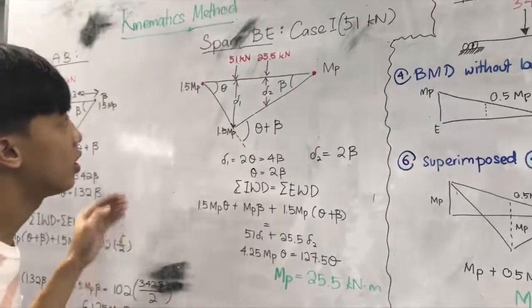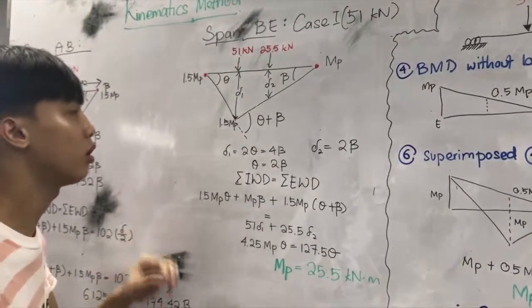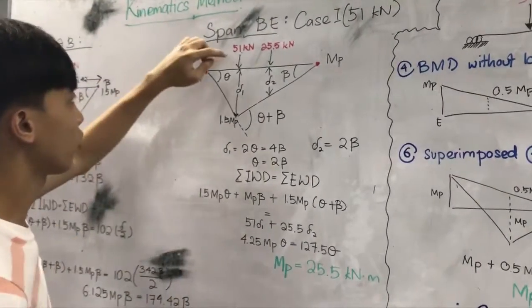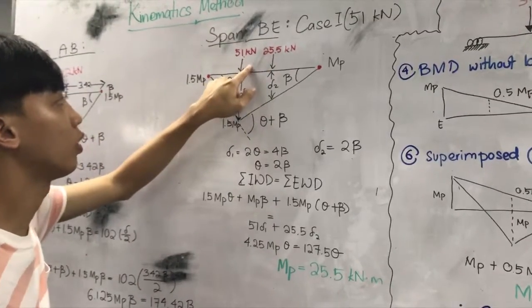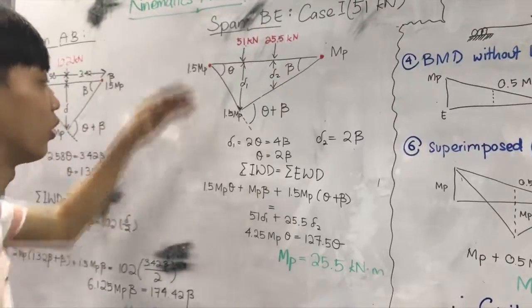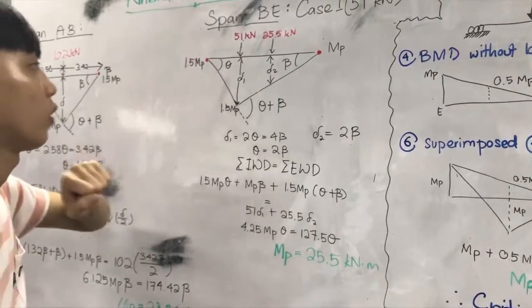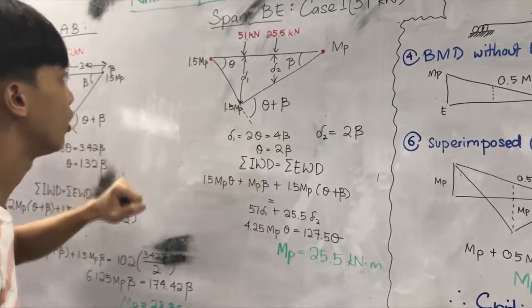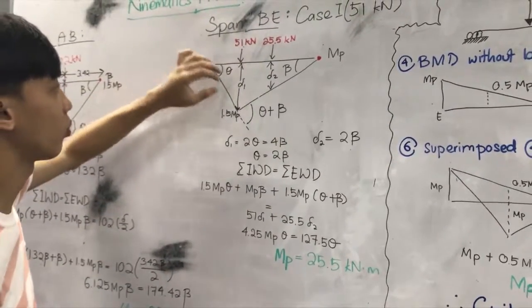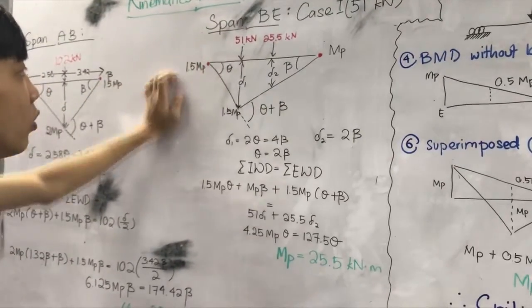So for span BE, again we have to divide it into two cases, because at span BE there is two forces acting on it, which is 51 kilonewton and 25.5 kilonewton. So this is case 1. You have to again construct the plastic moment diagram, in which we have to focus more on delta 1, where is 51 kilonewton is.